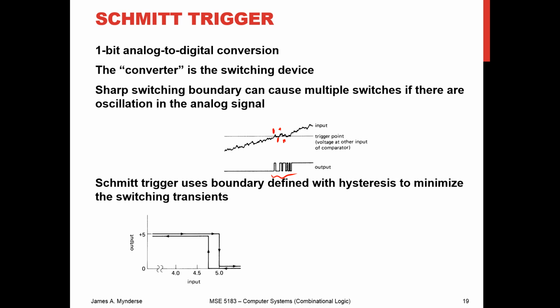So in this case, the input is going from 0 up to 5 volts and then beyond. And then it goes from 5 volts down to 0. And so what happens is that the output isn't going to transition until the input gets on a rising edge to 5 volts. And on the falling edge, it's not going to transition until it gets down to 4.5 volts.